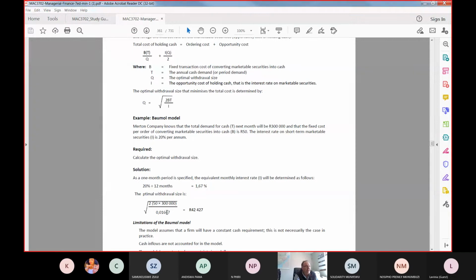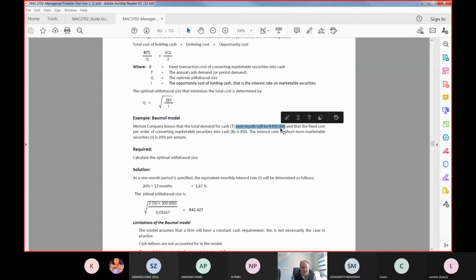So Merton Company knows that the total demand, which is T on the formula, next month will be 300,000. Once again, going back to that example of cash flow that this guy is working on, the precautionary method: putting money aside because there's VAT, taxes, pay as you earn to be paid, and suppliers to be paid. This is what you base your information on.